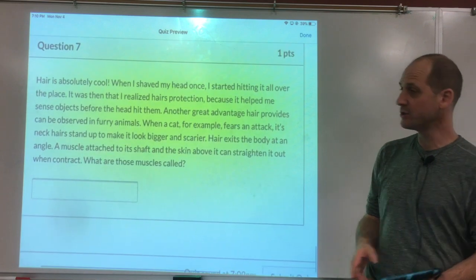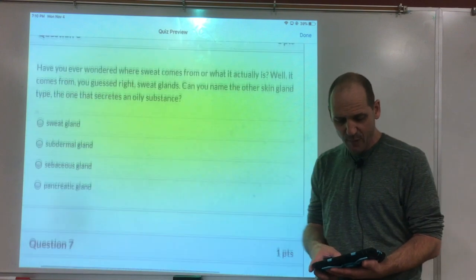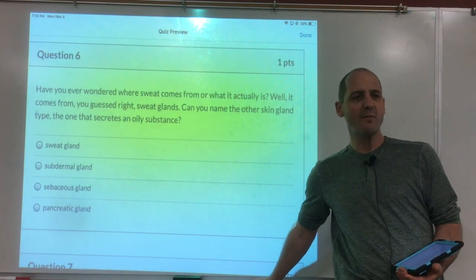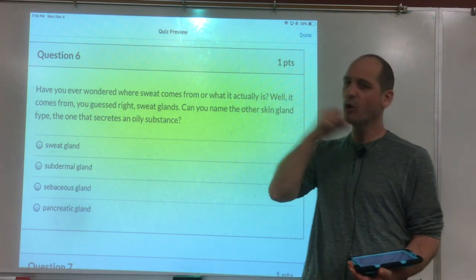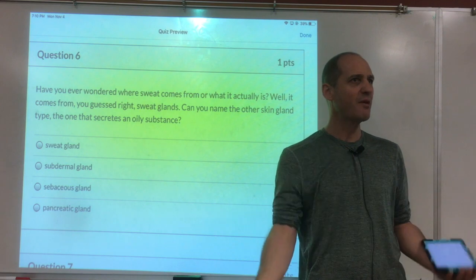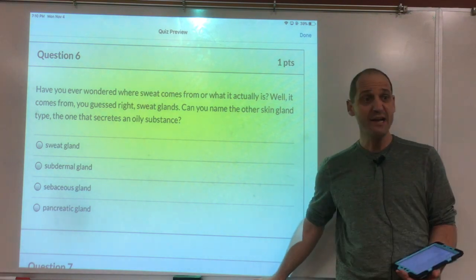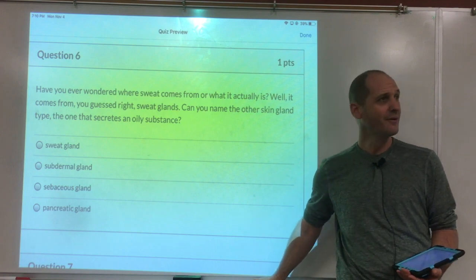Sebaceous gland. I know there's a thing I had. Well, it's kind of important. It's back to the pineal gland. I remember my first wife. She used Vaseline all the time on her lips. But the lips then always were dry. I'm like, well, I guess the body doesn't need to make oil anymore if you use all the oil from the Vaseline.